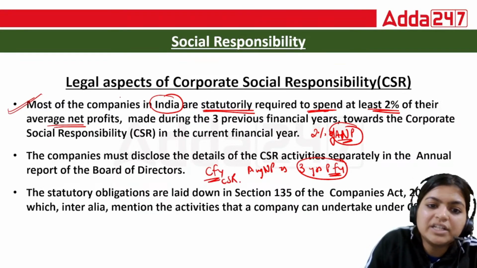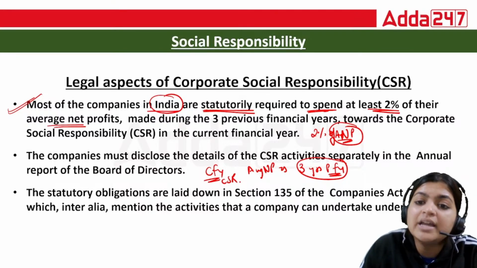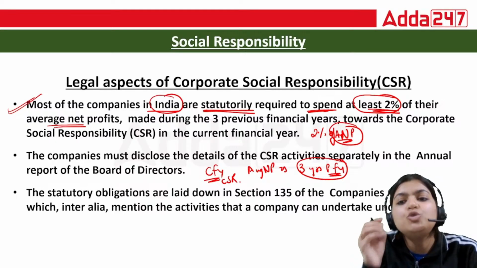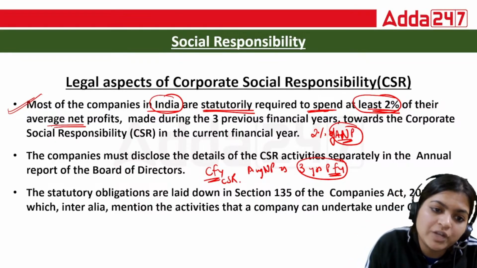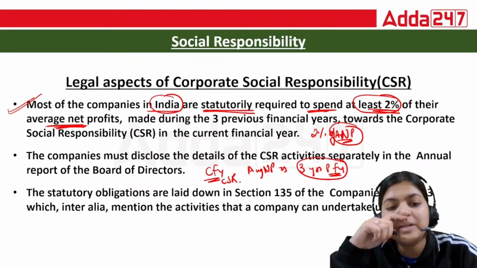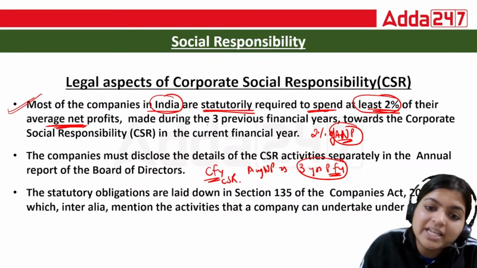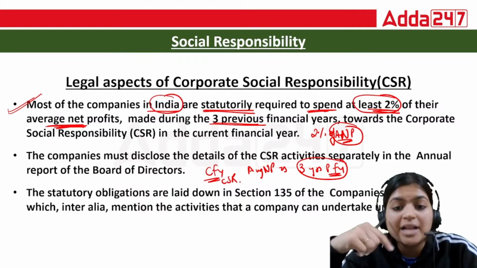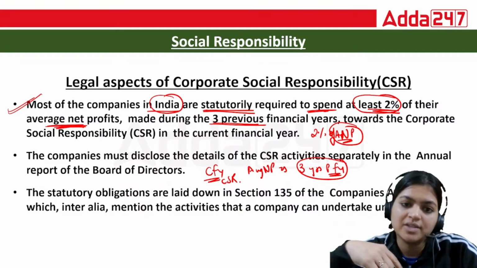Most of the companies in India need to comply with this CSR, and as per that, at least 2% of their average net profit. By taking the three previous financial years' data, they calculate the current year CSR amount.